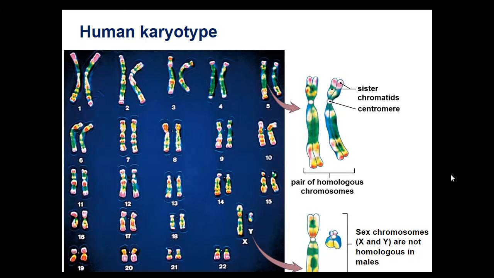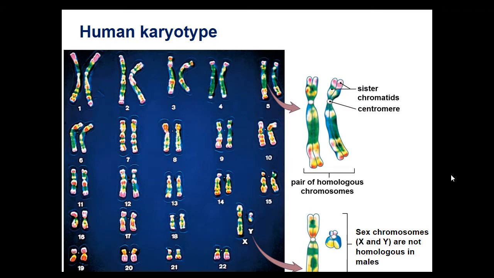Because if this was a karyotype of cells taken from a fetus, and you would see that there's 3 number 21 chromosomes, that when that baby is born, it's going to have Down syndrome.